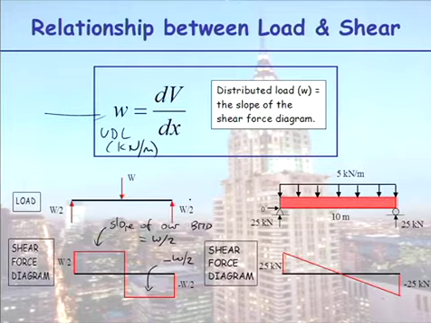Thus, when we have no UDL, as in the case here to the left, where you only have a point load, the slope of our shear force diagram will be 0. However, on the right here, where we have a uniformly distributed load, the slope of this line will equal 5 kilonewton per metre, because our shear force is reducing at the rate of 5 kilonewton per metre.